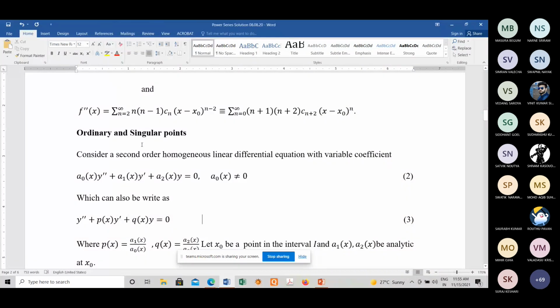So an ordinary point will be of a differential equation, and a singular point will also be a point of the differential equation.